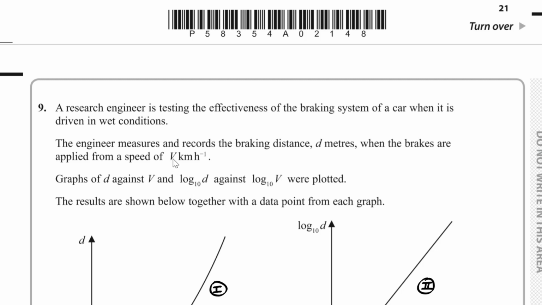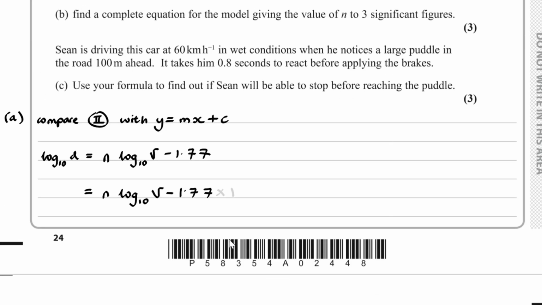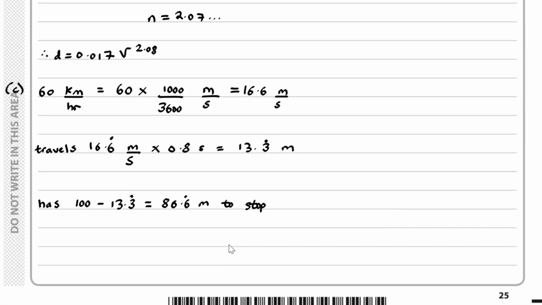Now notice here we have to use that 60 kilometers per hour because that's the units of V. So we have over here D, which is equal to, when V is equal to 60, D, that's equal to 0.017 times 60 to the power of 2.08.